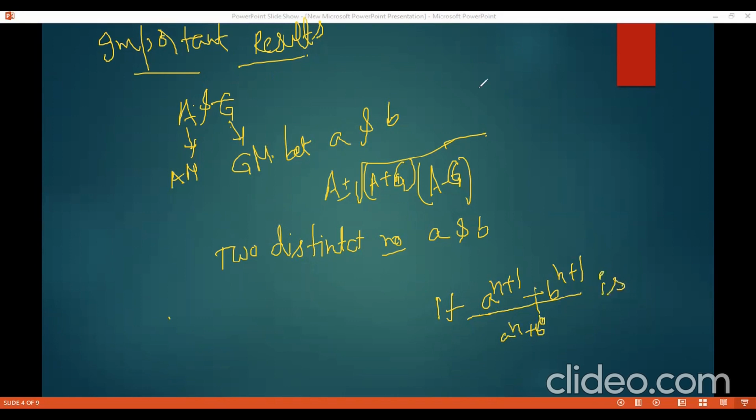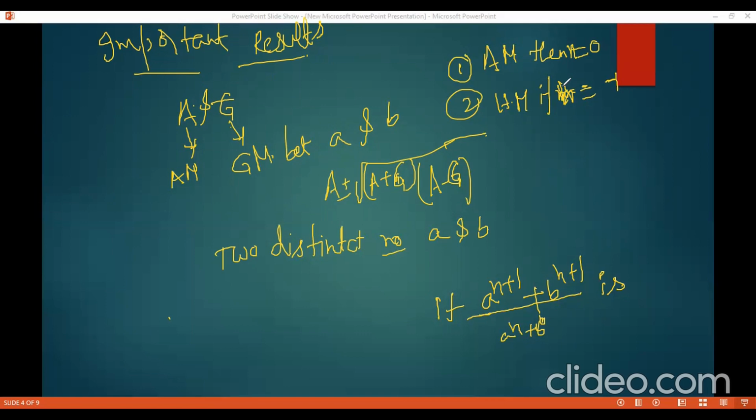We have different conditions. It should be an AM when n is equal to 0. Next, second condition, HM, if n is equal to minus 1.